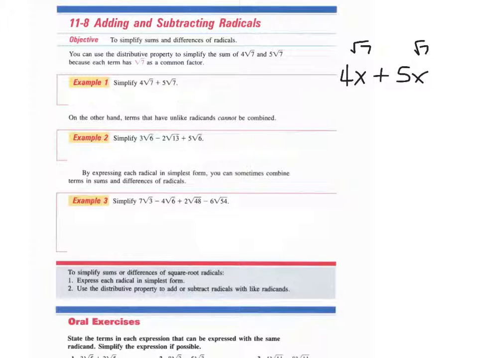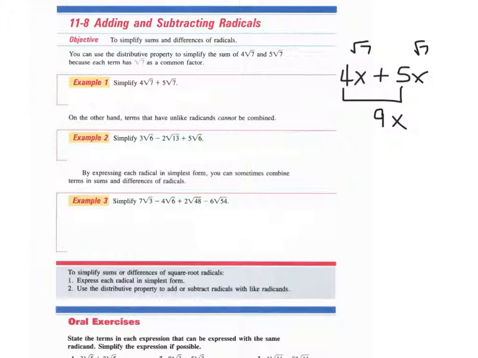And all we're doing is adding the coefficients. So for example, when you were to add 4x plus 5x, you would get 9x. So the same thing is going to happen when we add and subtract radicals.